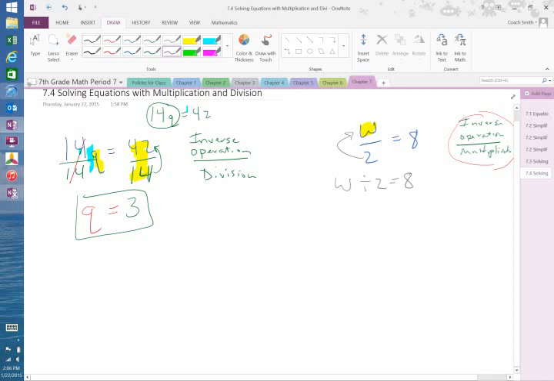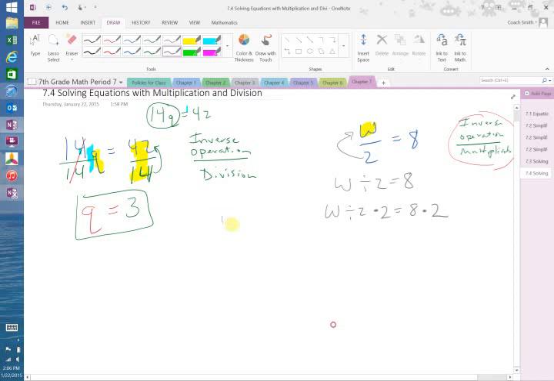Okay, W over 2 and W division sign 2 is exactly the same problem. And so we've got to solve it using the inverse operation. The two ways we can show that is this. I can do W divided by 2 times 2 equal 8 times 2. That's one way I can show it.